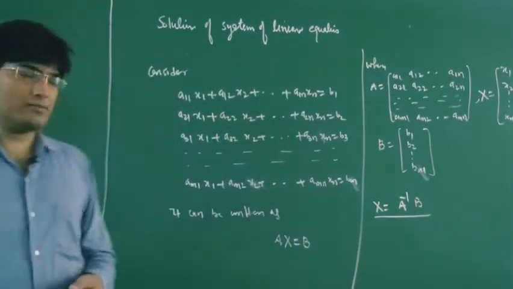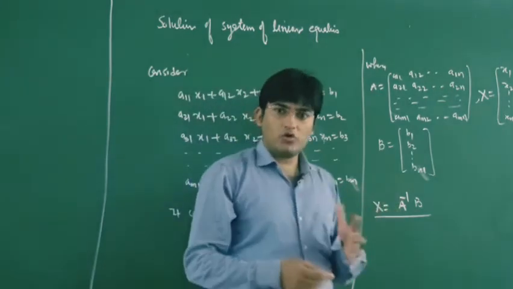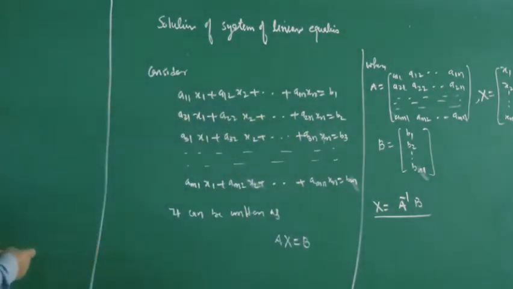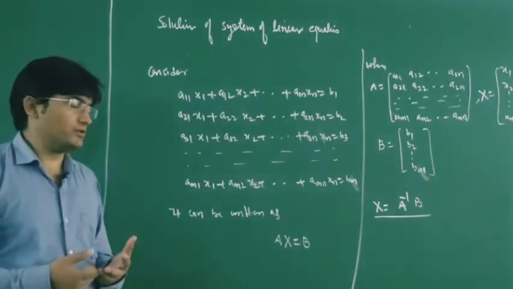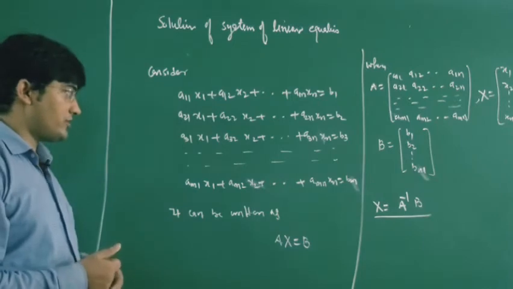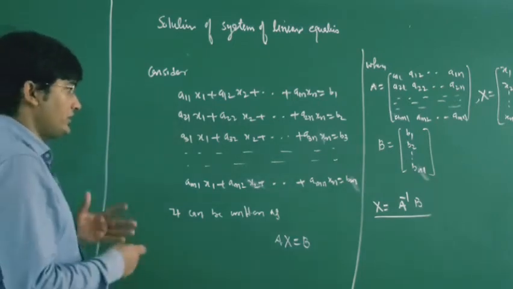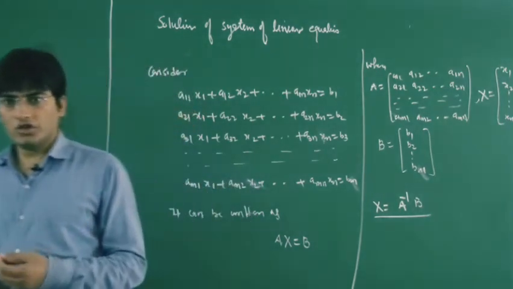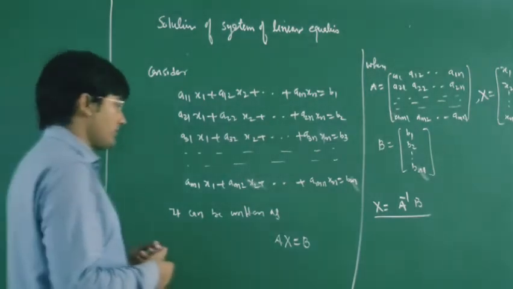We can also solve it by using the Cramer rule. Now here I am going to solve these equations with the help of the direct methods, and for the direct methods we have the Gaussian elimination method, the Gauss-Jordan method, and then the decomposition method. And for the indirect methods we have the iterative methods, the Jacobi method of iteration and the Gauss-Seidel method of iteration.